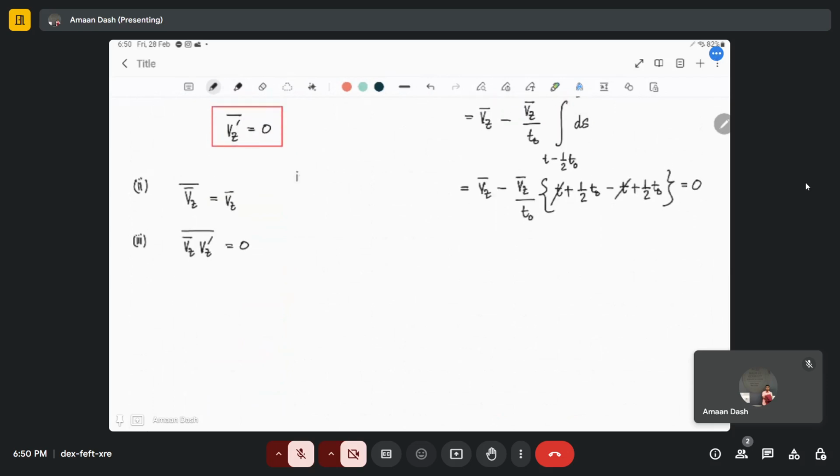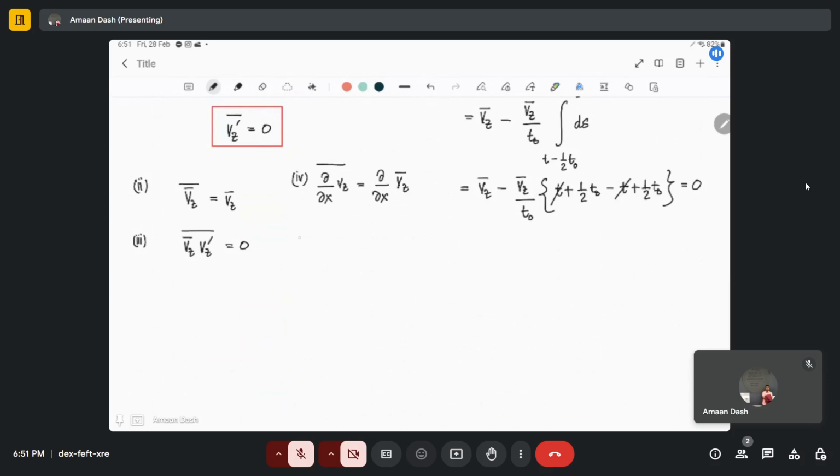Similarly, if we take the derivative of, let's say, Vz, and take the average value, it will be the same as the derivative of Vz bar. So these are some of the important relations.